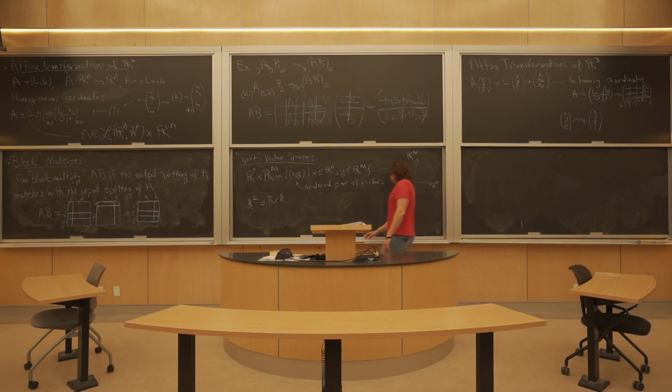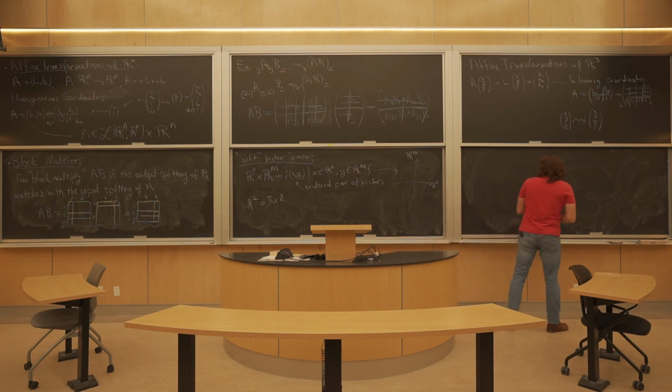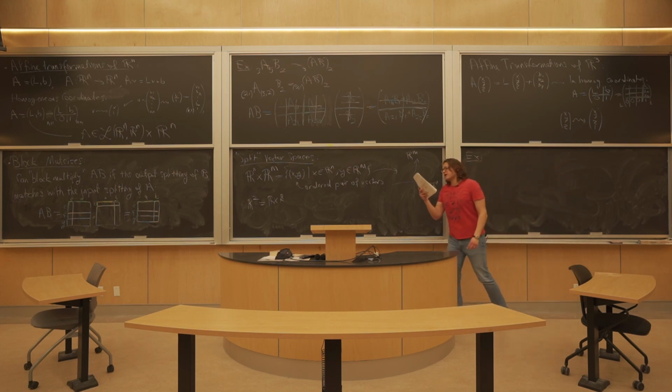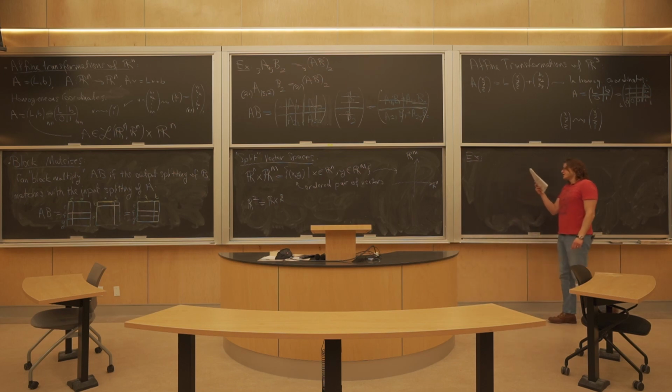So let's think about a translation. The example in the book: let's think of the affine transformation that corresponds to translation by -6, 4, 5.